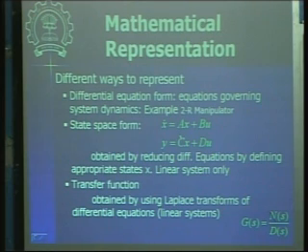Using this state space form, a lot of control tools have been developed. When the A, B, C, D matrices are constant matrices, you are talking about a linear system, so the tools developed in the literature are for linear systems only.